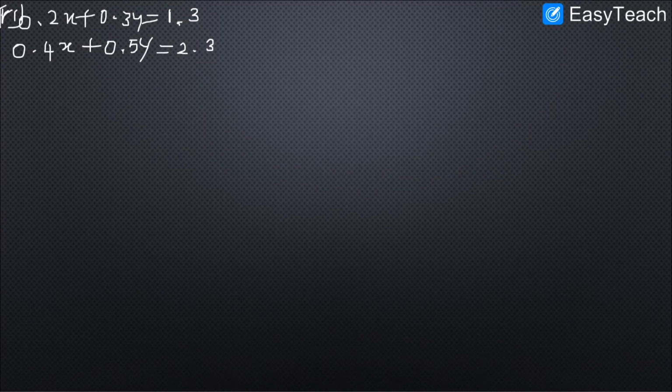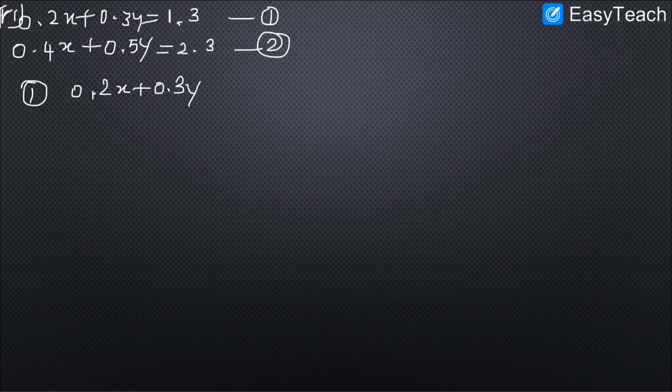Let's try the fourth problem. 0.2x plus 0.3y equals 1.3, and 0.4x plus 0.5y equals 2.3. This is the first, this is the second equation. From the first equation I derive the x value. 0.2x plus 0.3y equals 1.3.